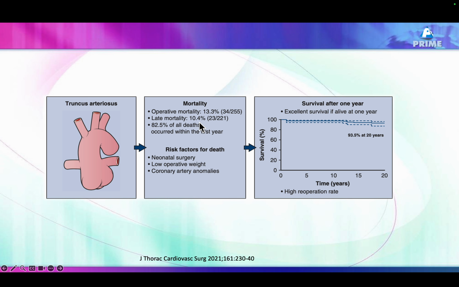Late mortality also is about 10%, and 82% of the deaths happened in the first year of life. The risks for surgery or mortality are neonatal surgery, low birth weight, or some coronary abnormalities which are actually precluding our surgical closures.